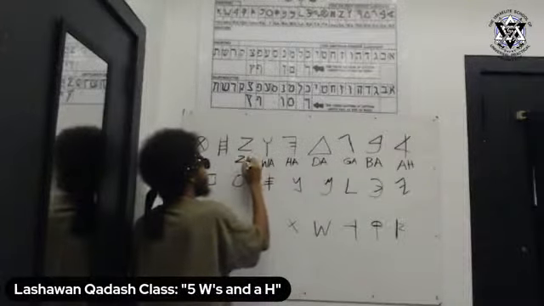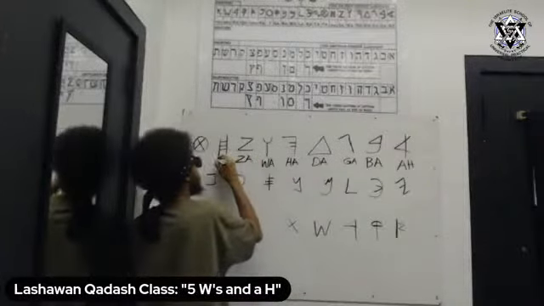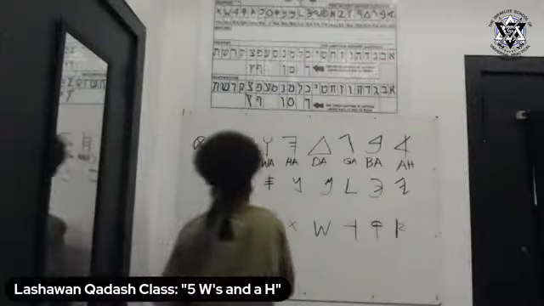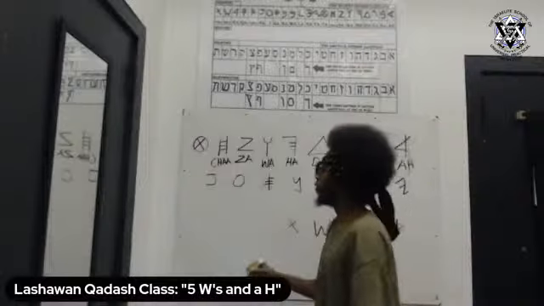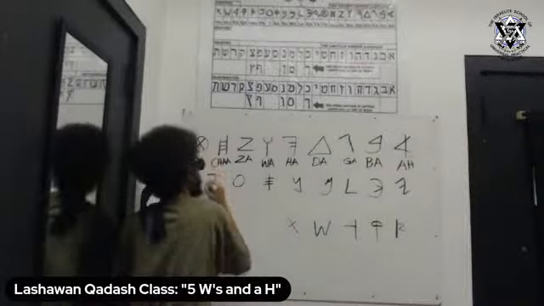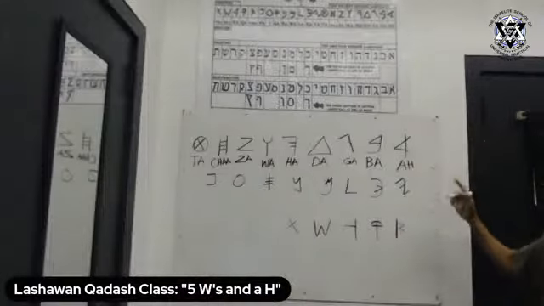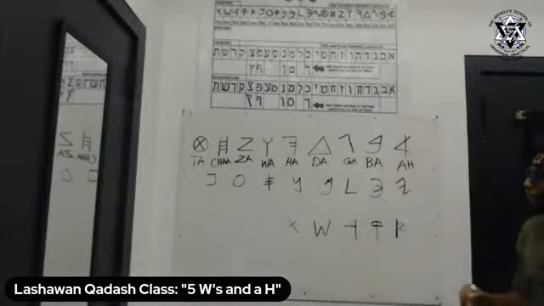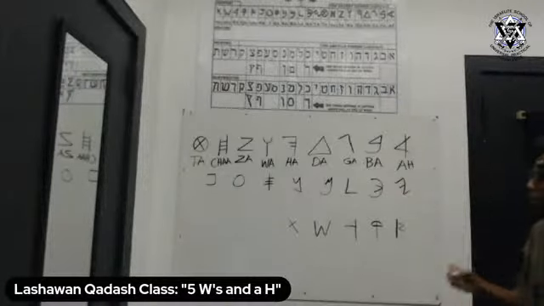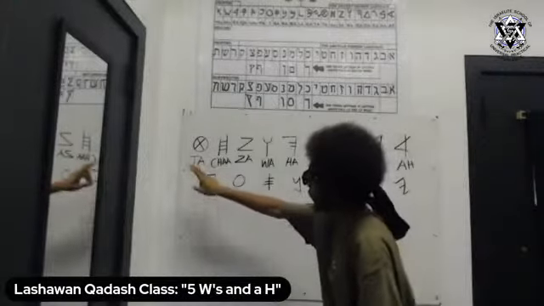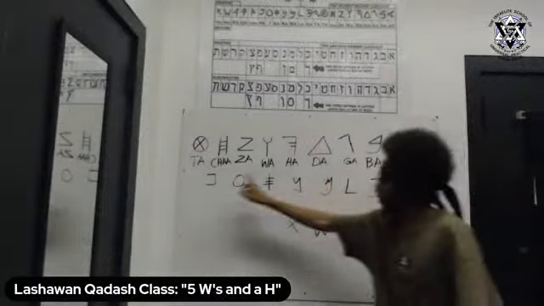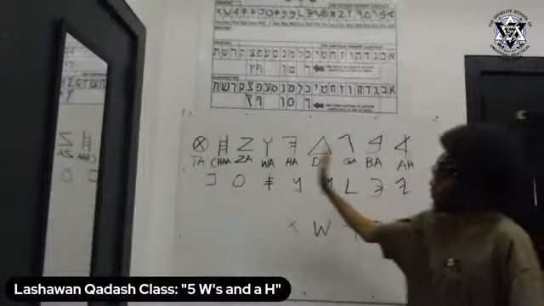Z. K. TA. And as you see, I'm doing everything from right to left, because that's the Hebrew. Hebrew is from right to left, not left to right. In English, everything is going to be left to right, but in Hebrew, it's going to be right to left. That's why I'm going backwards.